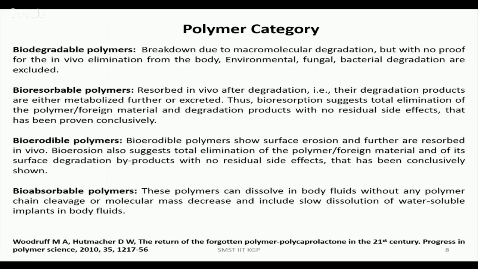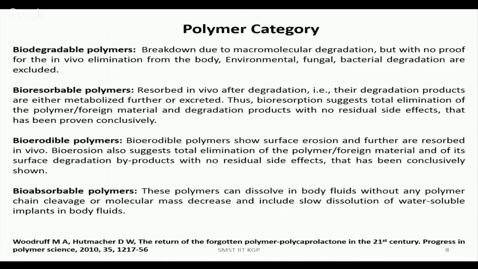As we categorize the polymers, there are biodegradable polymers, bioresorbable polymers, polymers could be bioerodible, and polymers could be bioabsorbable. I am not going into detail of these classes, but just remember there are bioinert polymers and there are biodegradable polymers.